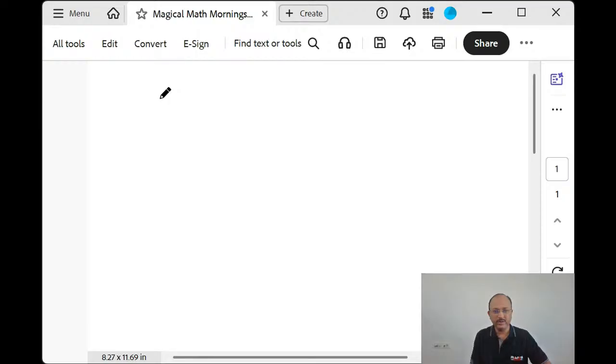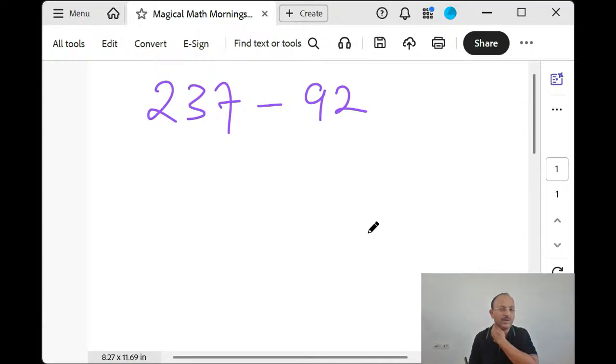Suppose we want to do 237 minus 92. 237 minus 92. What we have to do here? Subtract 2. Here also subtract 2. What we get? 235 minus 90. 230 minus 90 is 140.